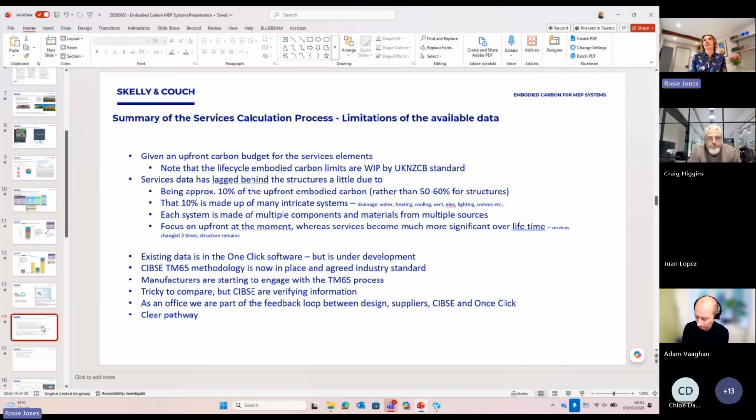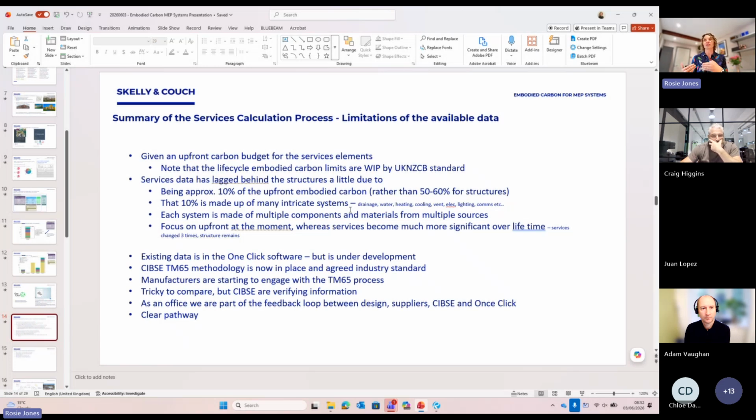Just to summarize the slides we've already been through: our approach is that we get an upfront budget, and our limits are set from the UK building standard. The services approach is a wee bit behind the structures, in that we're at more like 10% of the upfront embodied carbon. The reason the industry is a bit slower about it is that 10% is made up of lots of intricate systems: drainage, heating, lighting, water, comms.